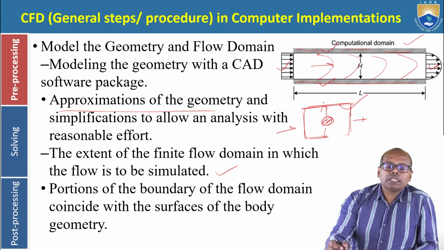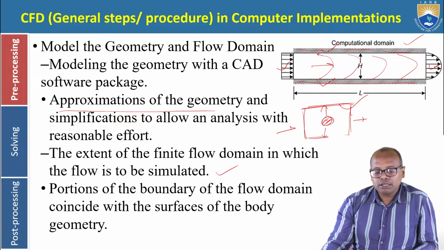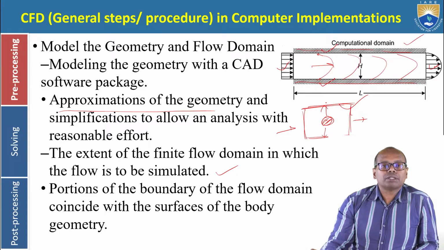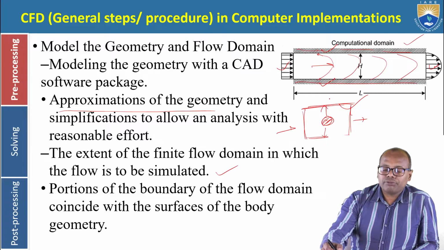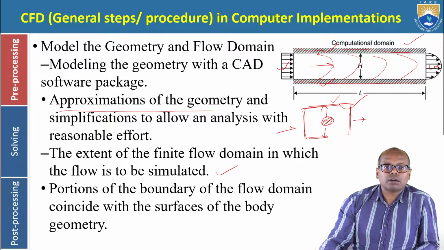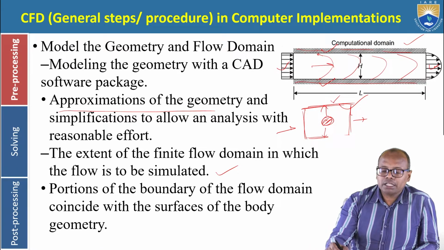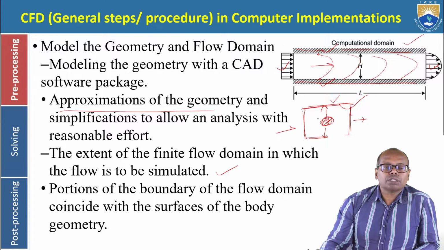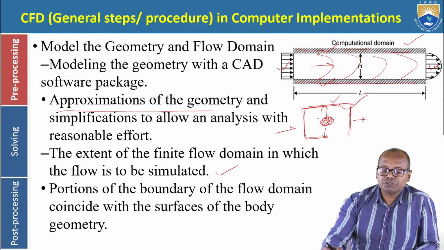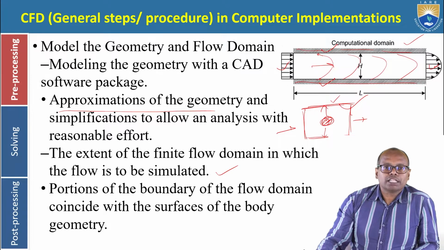Generally, the distance should be such that the far field is not having any reasonable effect on the flow over the cylinder. So it should be adequately large, and this comes by experience.